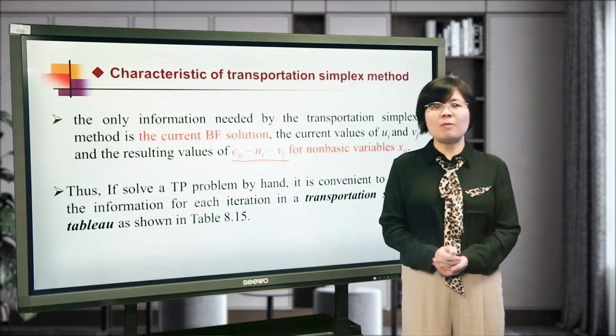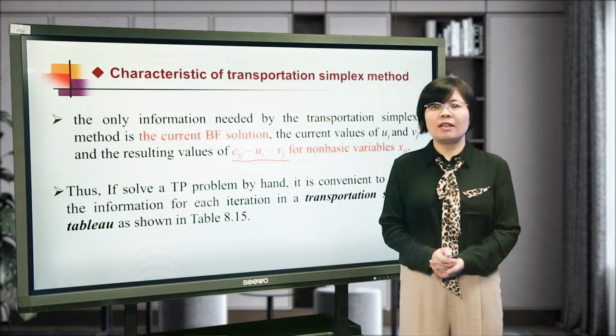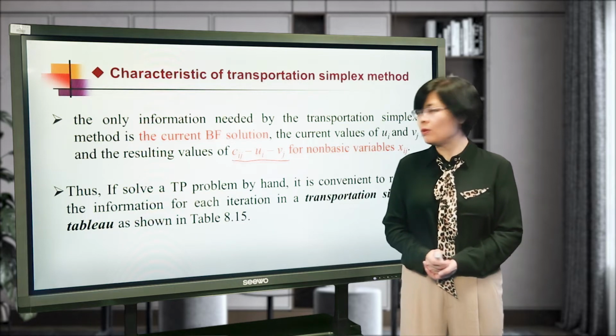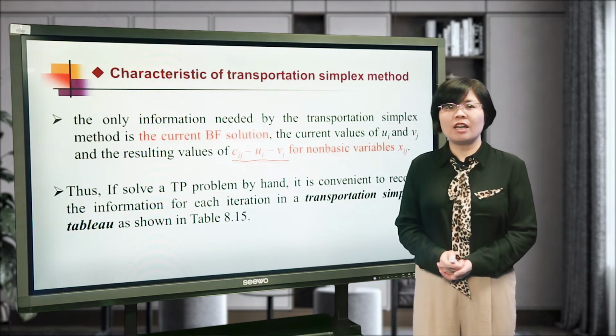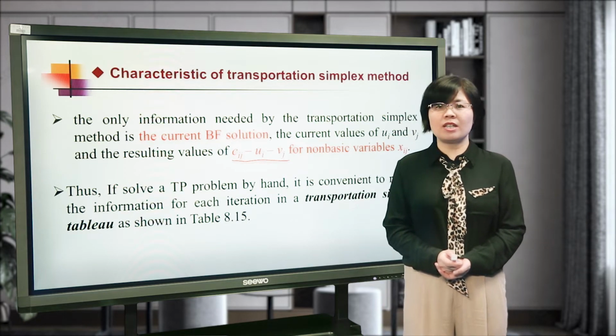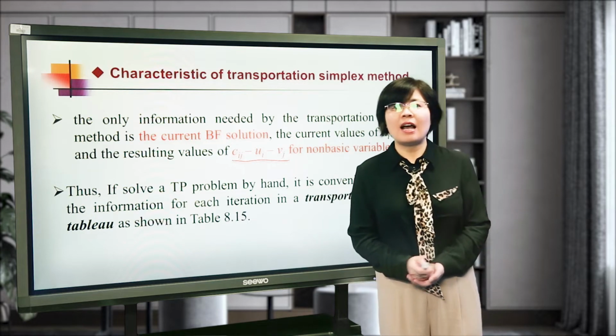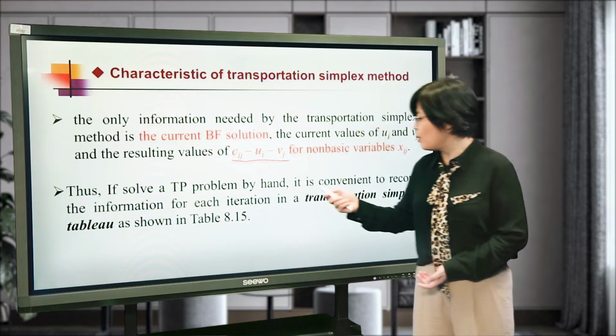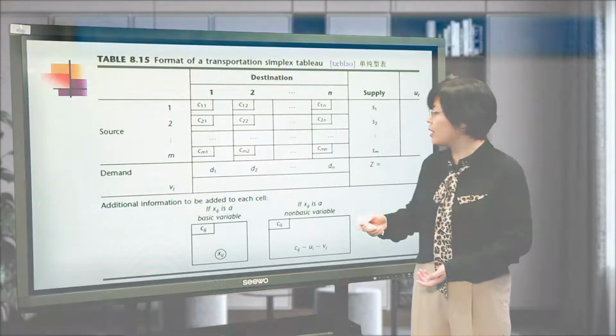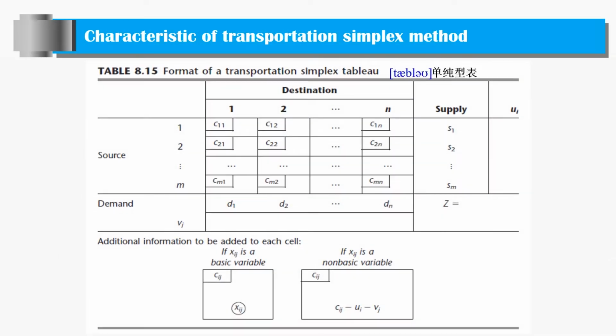If we solve a TP problem by hand, it is convenient to record the information for each iteration in a transportation simplex table, as shown in table 8.15. The table is here. Let's see the structure of this table.